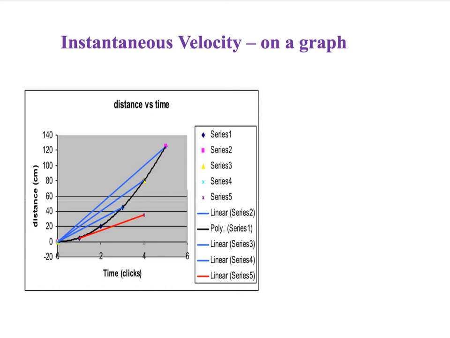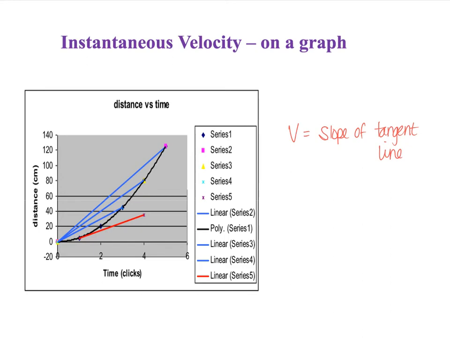So we go back to our graph, and again, remember we had these 3 different average velocities, and the average velocity was found by finding the slope of the line joining the 2 points. Well, what we do to find instantaneous velocity is find the slope of the tangent line.